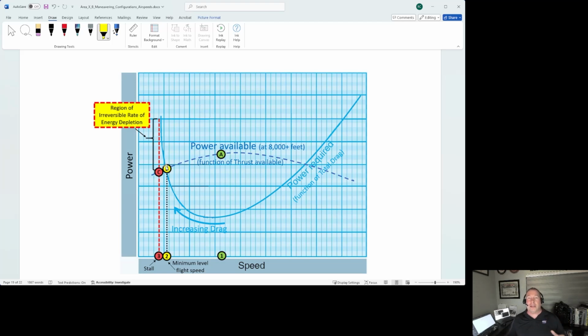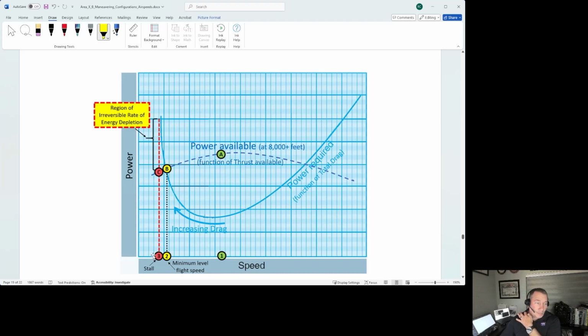If anything occurs at that point, you hit a little wind shear that changes your angle of attack, you let slip a little extra back elevator, or you hit some turbulence, you're going to go below that speed, and once you do, you can see how steep this is. You only have to slow down a couple of knots before you get to your stall speed, which is depicted at C here in 3.